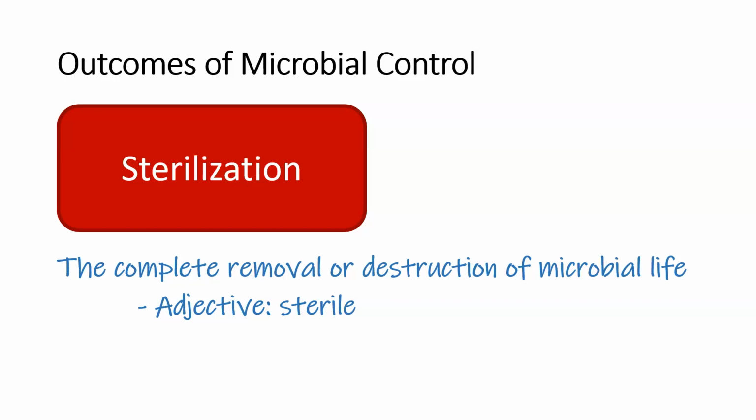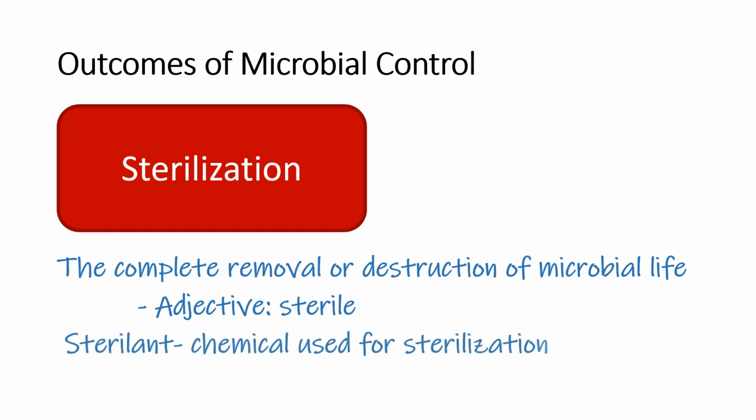There is no in between. Sterilization is not appropriate for your hands or living cells. It is impossible to sterilize human tissue without destroying it. A substance that is used for sterilization, specifically a chemical that is used for sterilization, is called a sterilant.